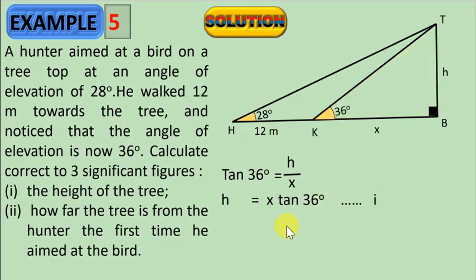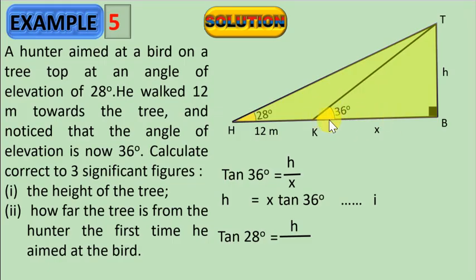Then we are going to get equation 2. Using the bigger triangle, which I highlight now, all in red, and the angle of elevation there is 28 degrees, we're going to form another equation. Then tan 28 will be equal to h over 12 plus x. 12 from here to here is 12.